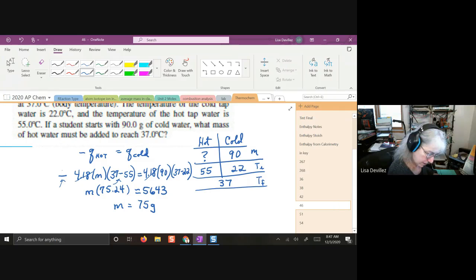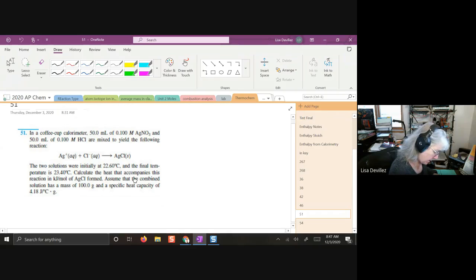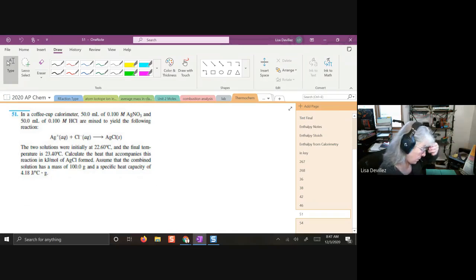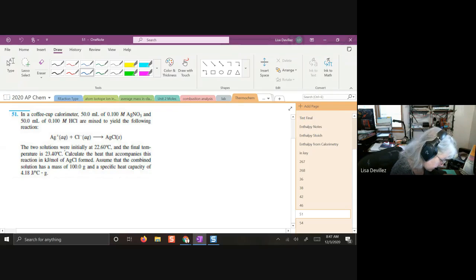Okay. All right. Let's see. All right, 51. Okay, so here's one where we are reacting these two solutions, and so we want it in kilojoules per mole of silver chloride formed.